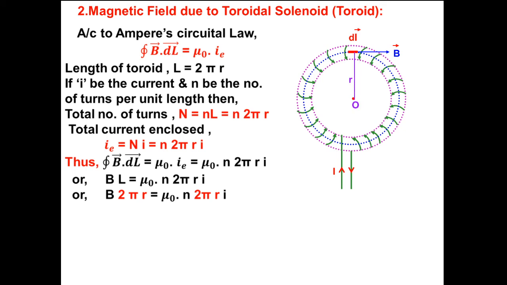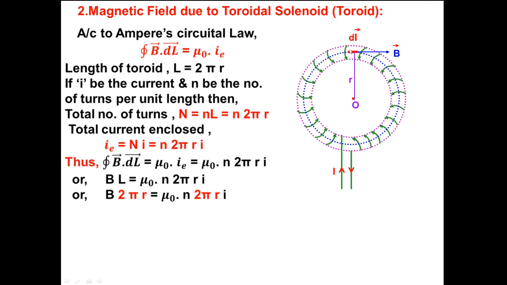Now from the Ampere circuital law, we can say integration B dot dl equals mu naught times the current enclosed. As we used in the solenoid approach, inside the toroid, which is this space, the field exists, and outside the toroid the magnetic field is 0.